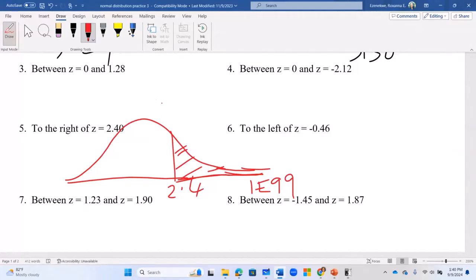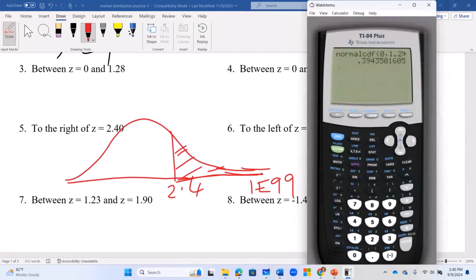So I'll get my calculator again. Between 2.4 and positive infinity, which one is greater? This time the lower bound is 2.4, so I'll go back. See, I'm doing this a lot of times. I'm repeating myself, but I'm recording this, so just know that you can go and watch it again.